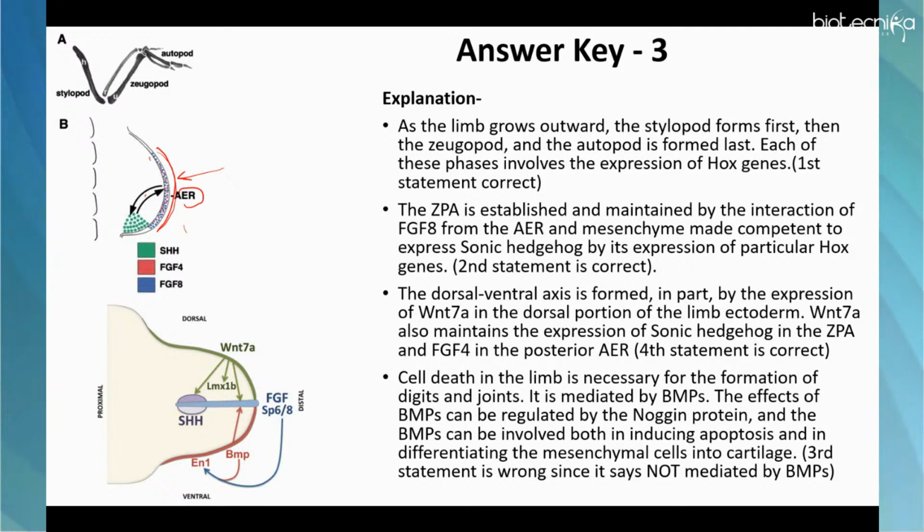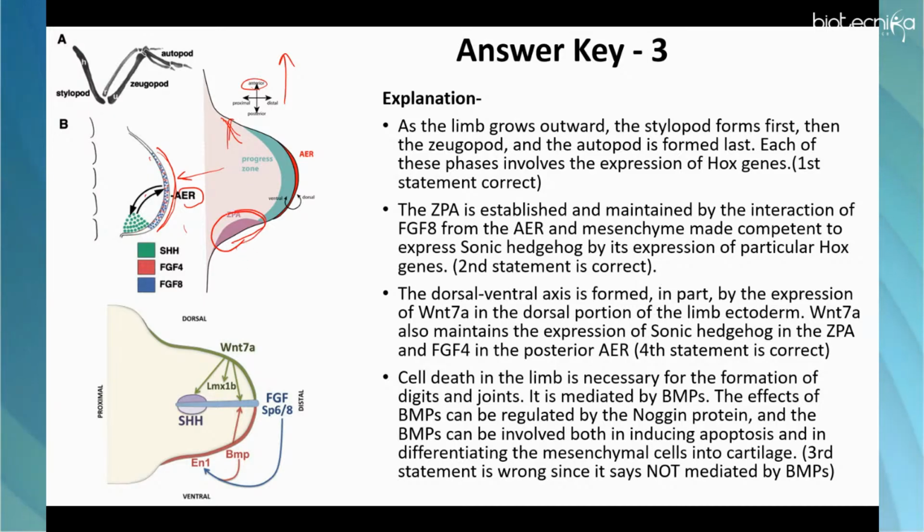As I said, as the limb continues to grow, you have something called the ZPA. You can see ZPA, this is the limb bud, this is the anterior top side. It is not present in the anterior part. ZPA is present in the posterior part. And the AER is given in red. Under the AER are the active mesenchymal cells, which is called the progress zone.